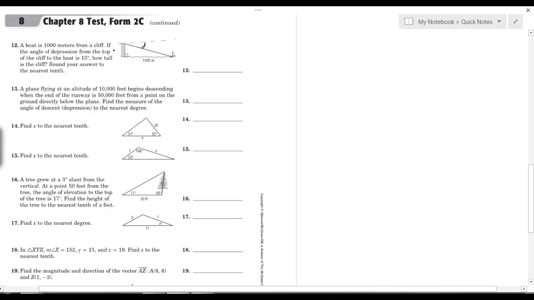So I'm going to fill in the information I know. We already have the boat is 1,000 meters from the cliff. We don't know the height of the cliff. That's what we're looking for. And we know that this angle right here is 15 degrees.